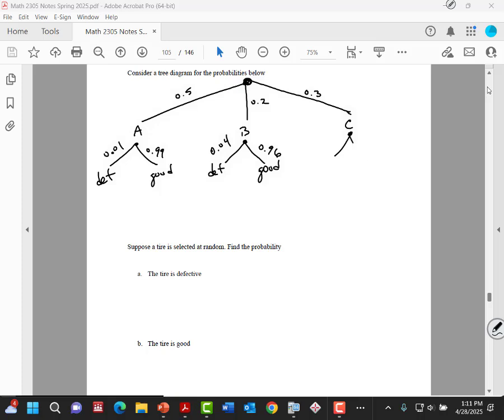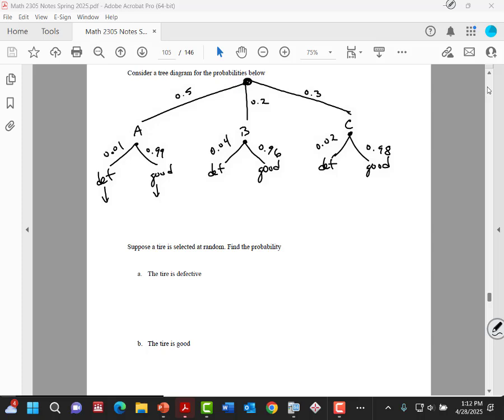And from company C, either defective or good. So this would be 0.02 or 0.98. Now, what I'm going to do is multiply each of these numbers through the tree diagram.